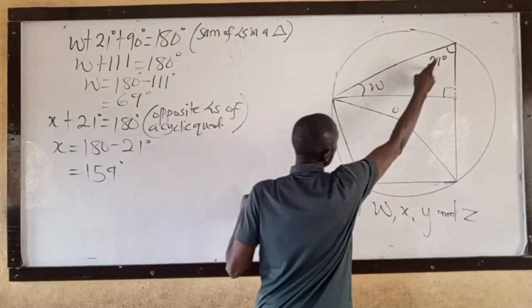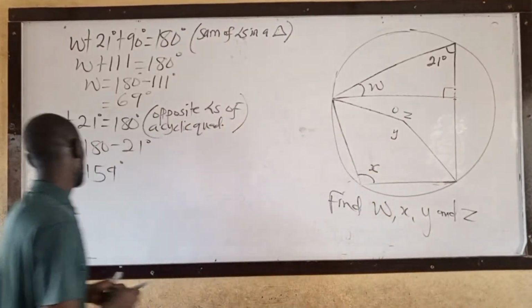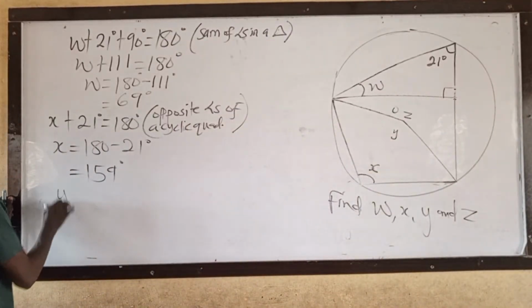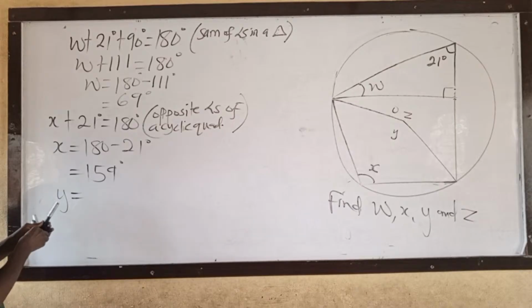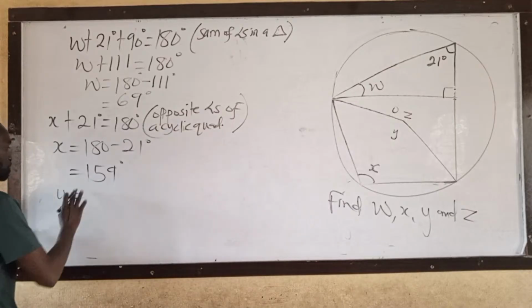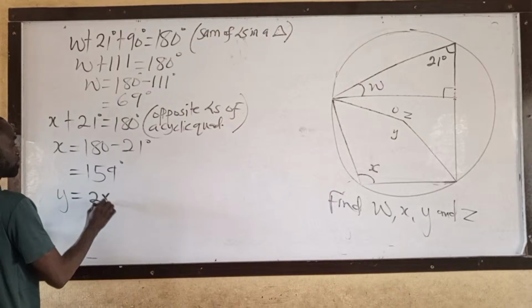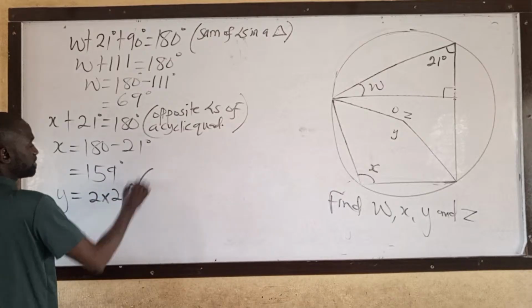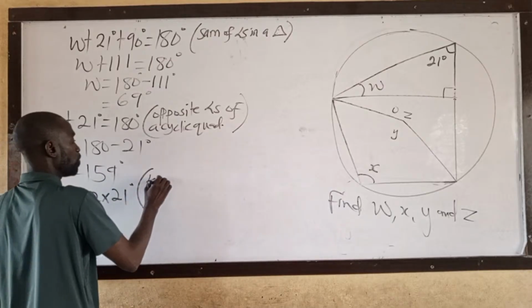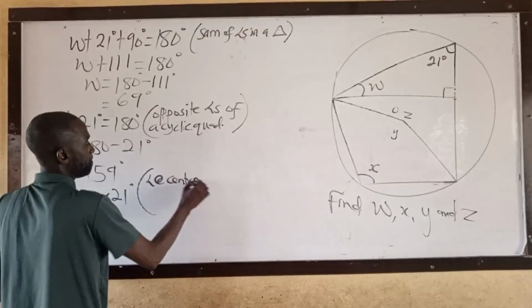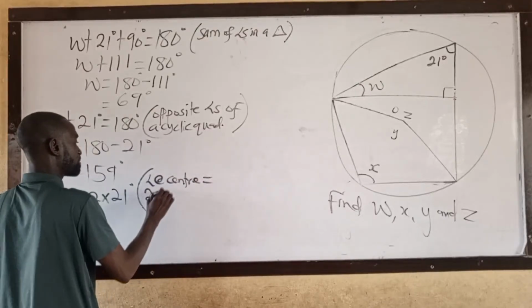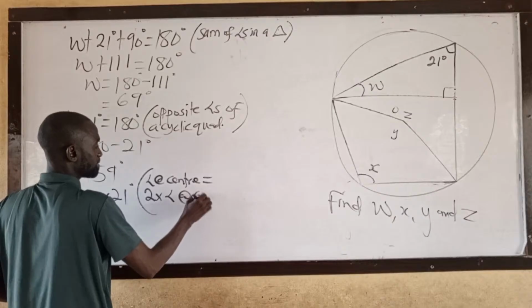Y, center to circumference. So our Y equals 2 times 21. What's the reason? Angle at center equals 2 times angle at circumference.